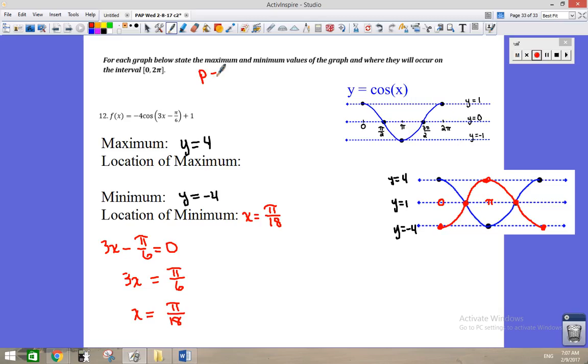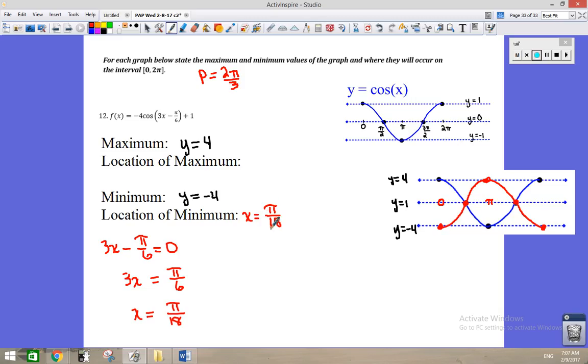Now the new period of this 3, take 2 pi and divide it by 3. So instead of multiplying, you're dividing. Instead of stretching, it's a horizontal compression. So we're going to gain extra points of where our max and min occur. Our max and min always occur in the next cycle, 1 period unit away.